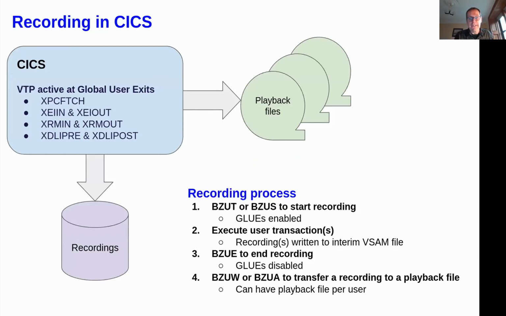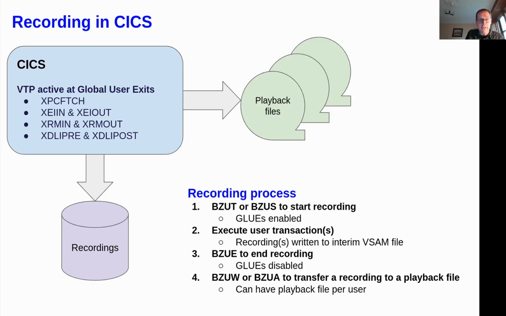So just to reiterate what Joe has just covered, the recording process in CICS takes place at global user exits, and there are 7 global user exits that VTP uses to capture the inputs and outputs.